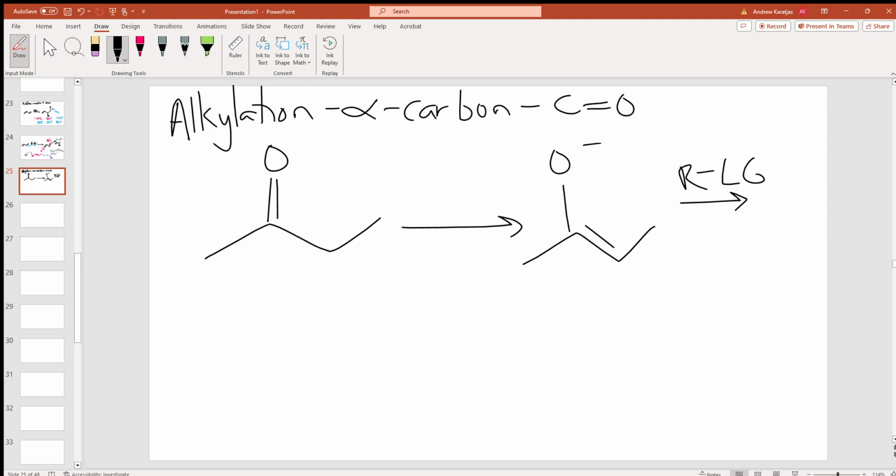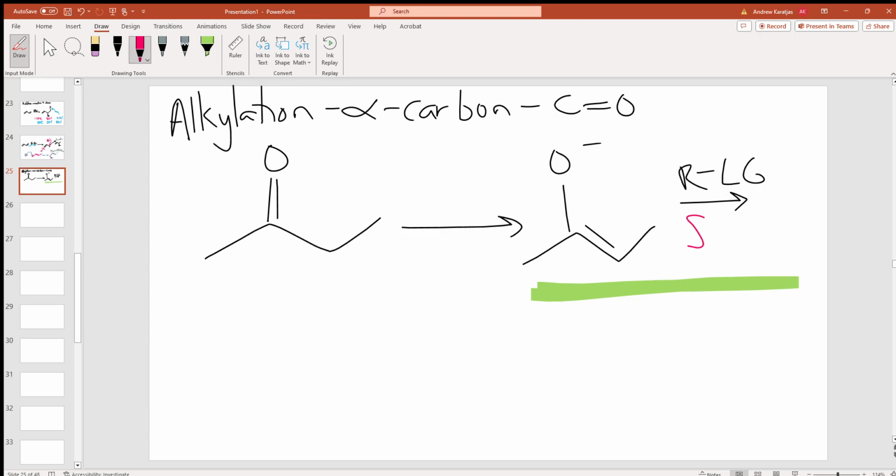Now, what's nice about this reaction is that the main piece of this reaction, the second step, the actual alkylation, is likely at this point not a new reaction. And that's because it's really just the same reaction as one you've seen many times before.